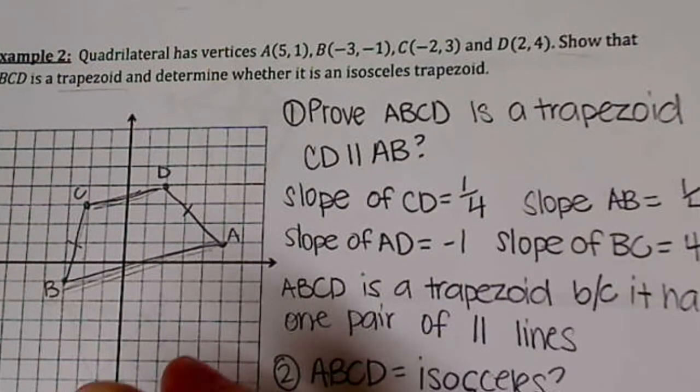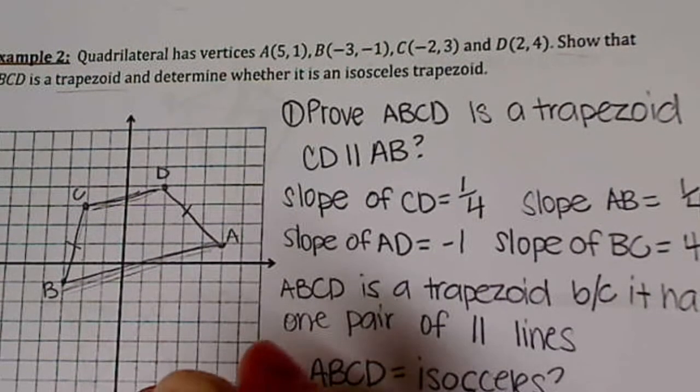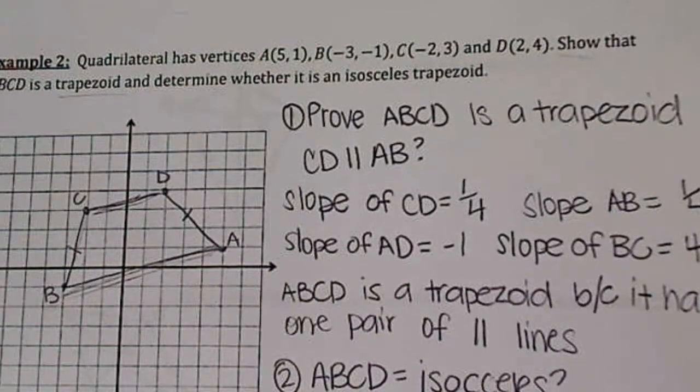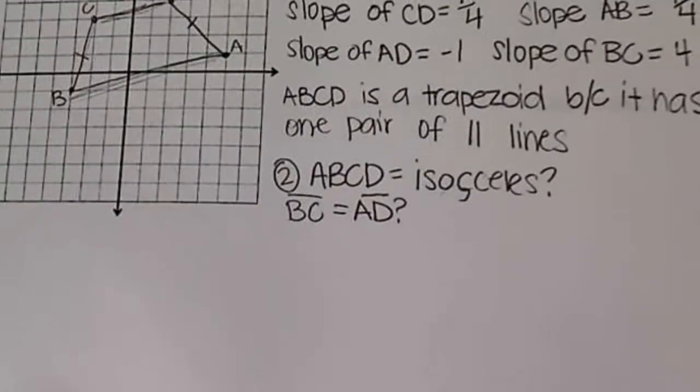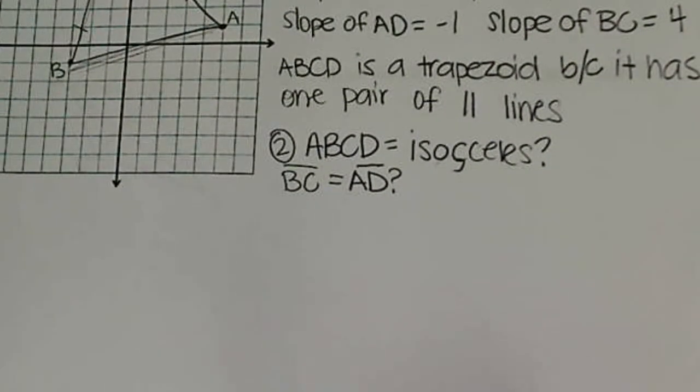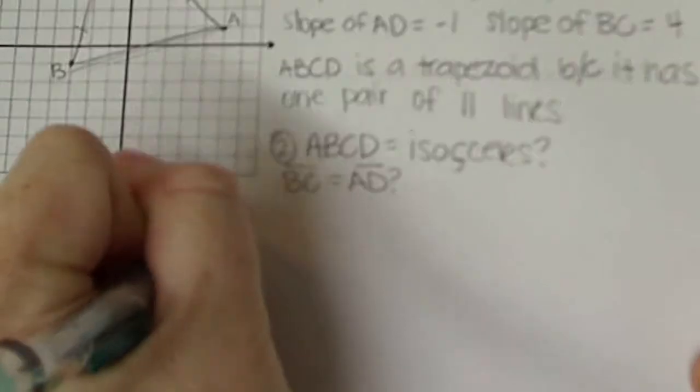In other words, does BC equal AD? In order to find that out, we need to find the distance. Let's do the distance of BC first.